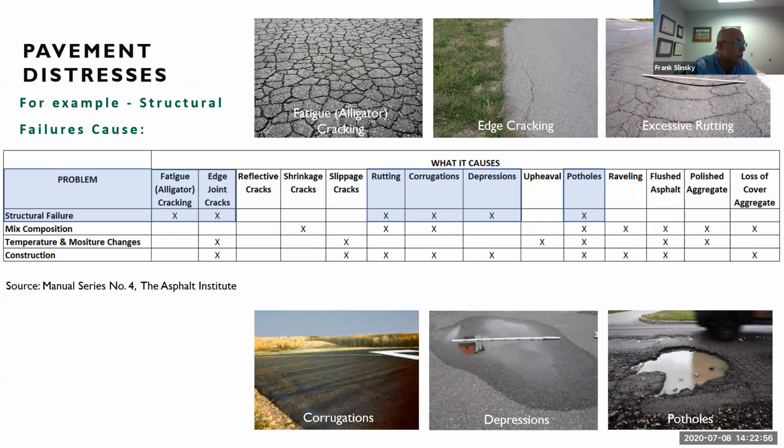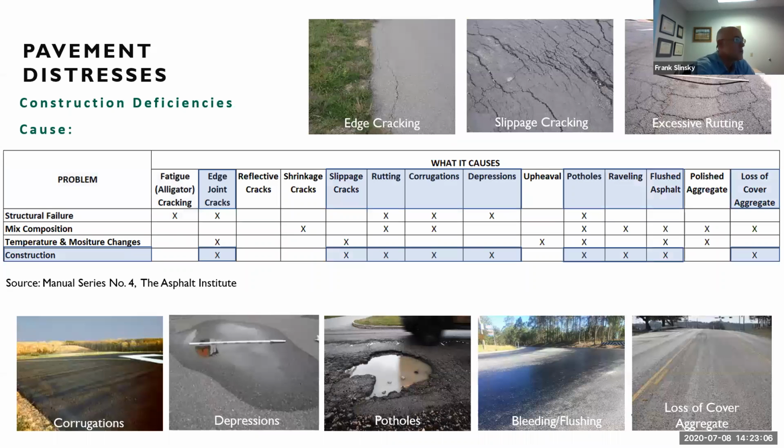Structural failures cause alligator cracking, edge joint cracks, rutting, corrugations, depressions, potholes. And construction deficiencies will cause edge joint cracks, slippage cracks, rutting, corrugations, depressions, potholes, raveling, flushed asphalt, loss of cover aggregate.